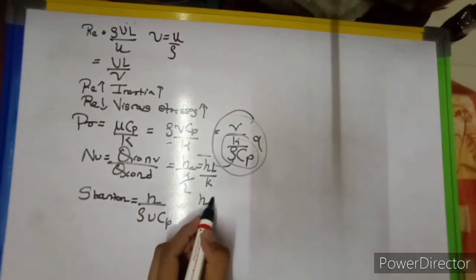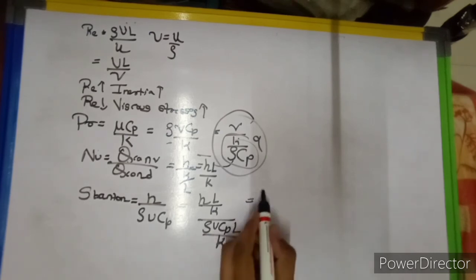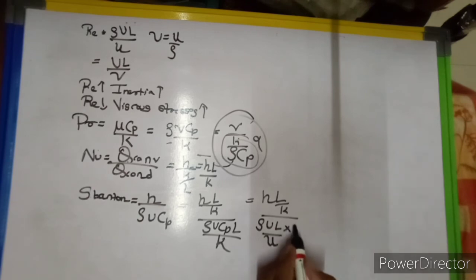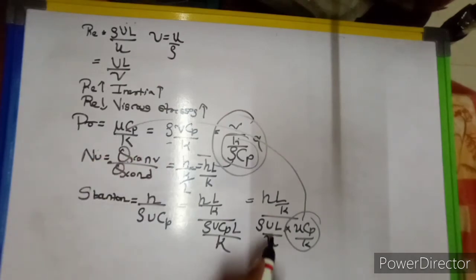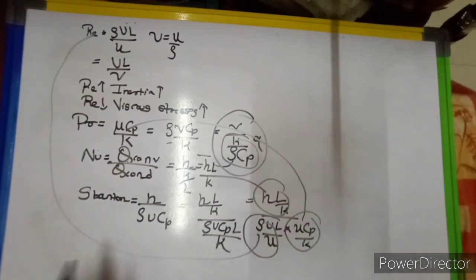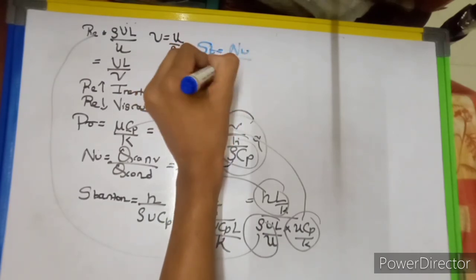So divide numerator and denominator by L by K: h L by K over rho U Cp into L by K, and then multiply and divide the denominator by rho U L by nu and nu Cp by K. Why? Nu Cp by K is Prandtl, rho U L by mu is Reynolds, and hL by K is Nusselt. So what is the Stanton number basically? Stanton number is equal to Nusselt upon Reynolds into Prandtl.